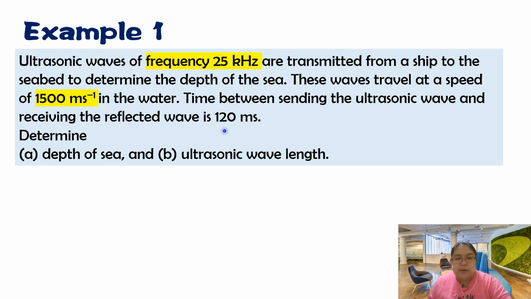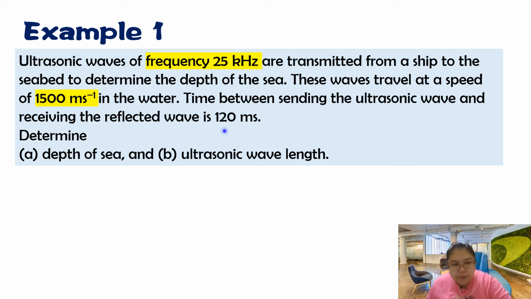So from here we can see velocity is two-way. You send and go back. So another one is the time taken. After you send and the wave is refracted back, then we know the time taken is how long.